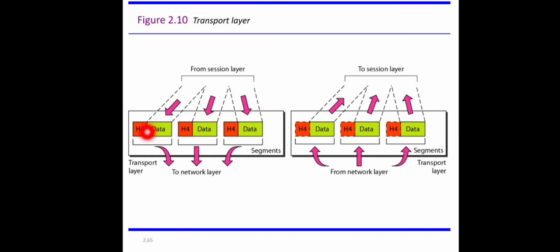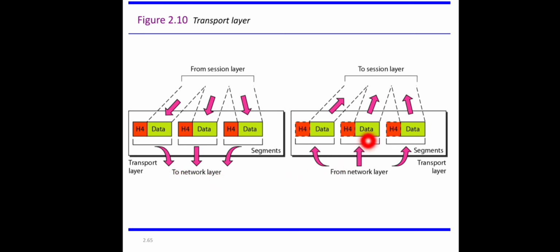For that some sequence numbers and all will be added at the header part. Okay, then only we can recombine all these at the receiver side. So this message is divided into different parts or segments. A header will be attached with each data part and this will be delivered to the network layer. So in the network layer, each of these segments with the extra header will be treated as a separate packet.